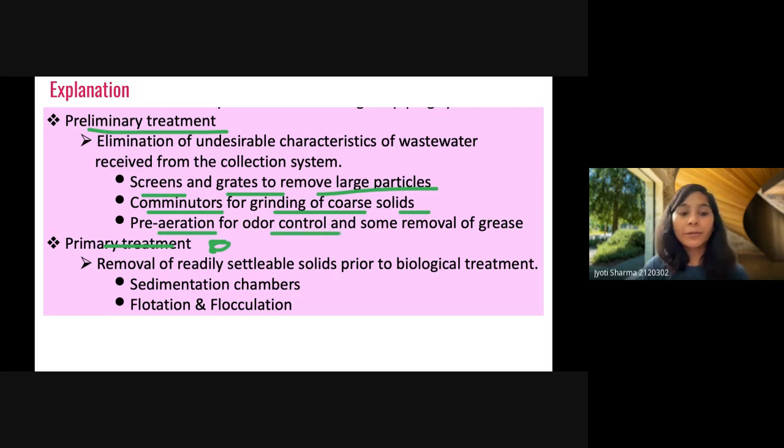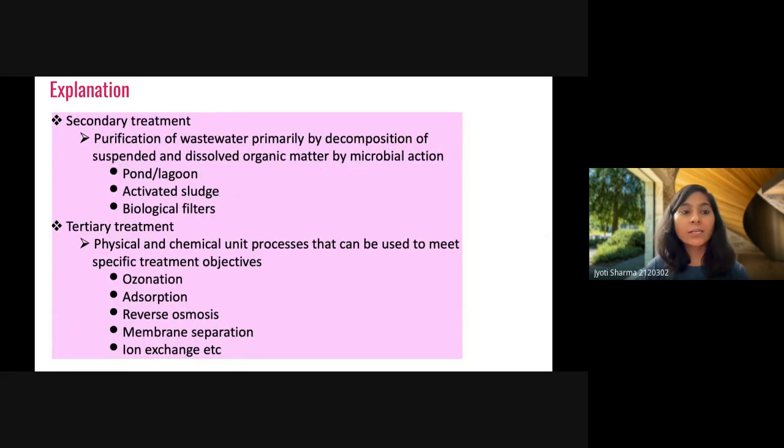Then we have primary treatment, in which we have a sedimentation chamber, flotation and flocculation. Then in secondary treatment, we can have lagoons, activated sludge, and biological filters, we will talk about these. Then in tertiary, we can have ozonation, adsorption, RO, membrane separation, ion exchange. We will talk about this. So these are the different steps that we have to take.